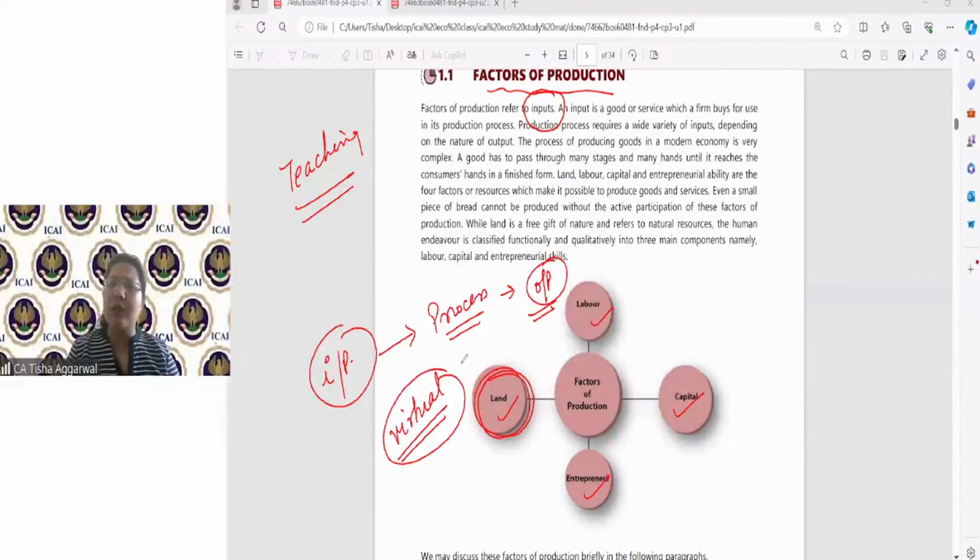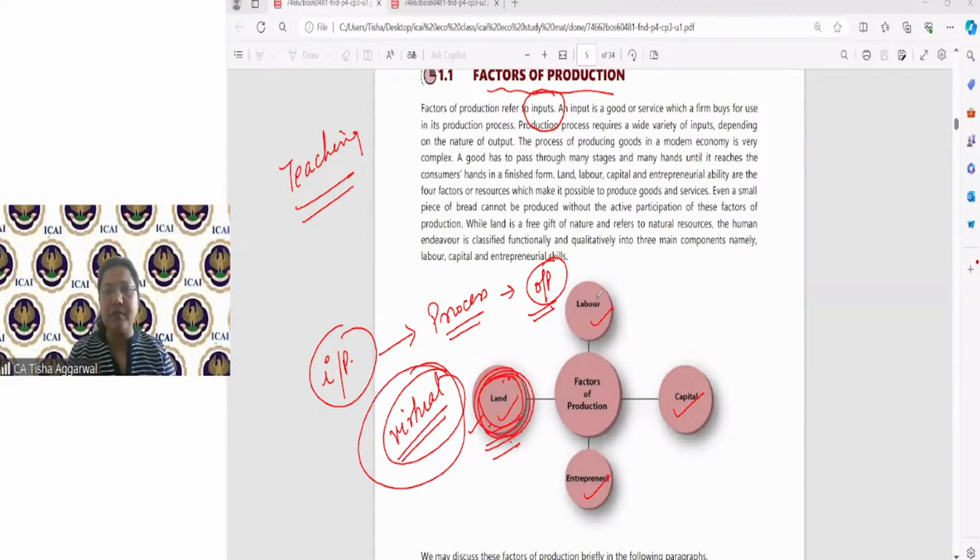Otherwise, I have to take a place on rent to take your classes physically, and virtually, again, I require the whole infrastructure of the room, maybe the internet, etc. So this whole concept of the area, the property, or the place wherein I'm sitting and delivering my goods and services, that is what is known as land.